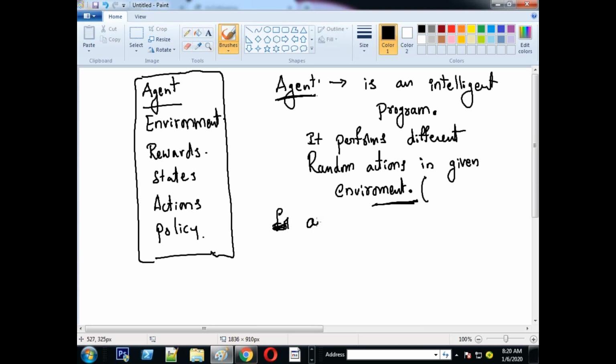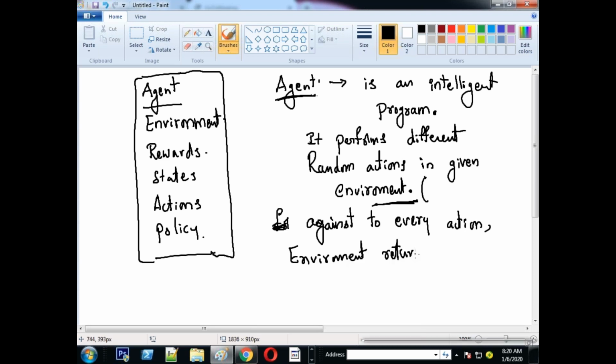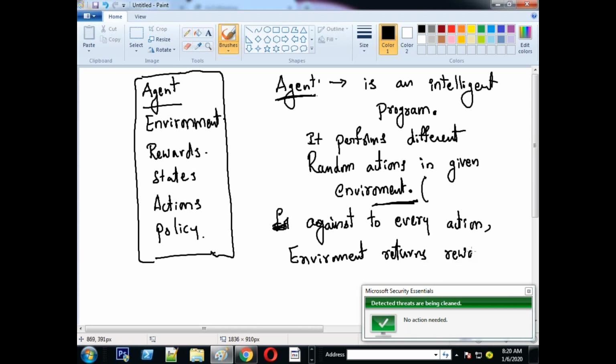Against every action, environment returns rewards.